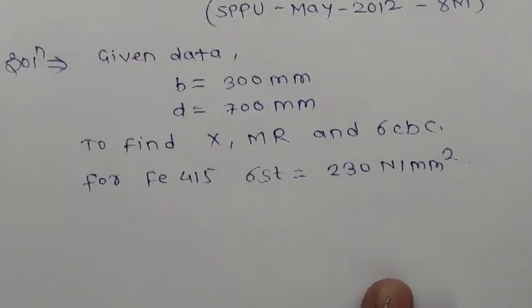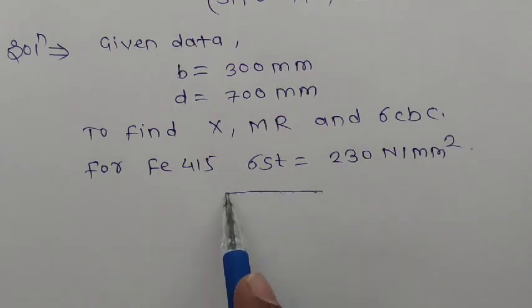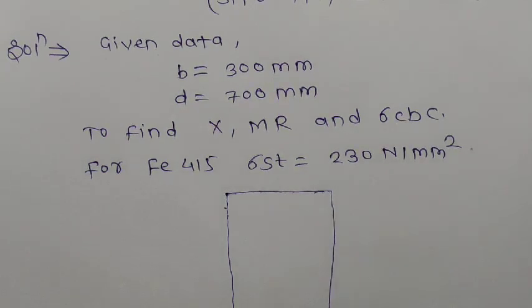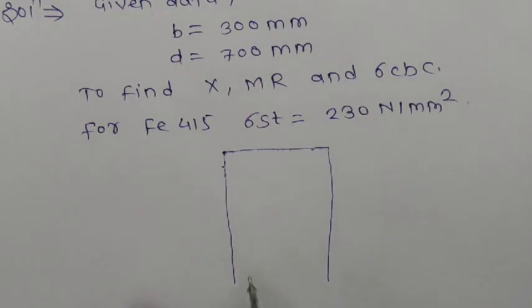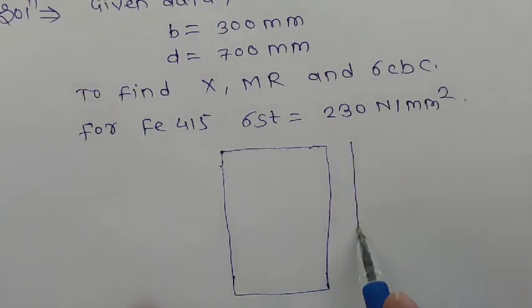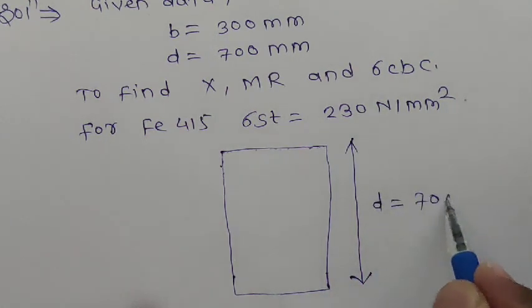This is the given data, and the beam is like that. Overall depth D is equal to 700 mm.